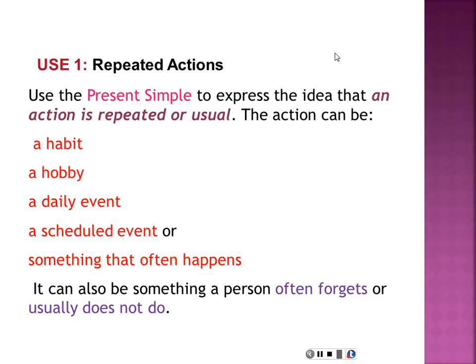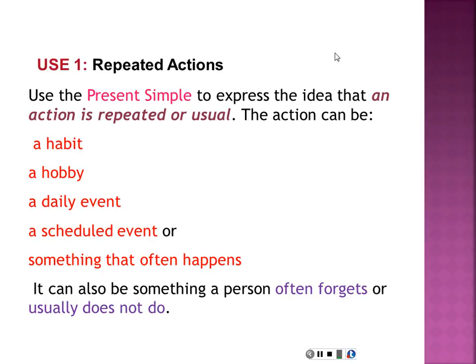The action can be، ممكن أن تكون هذا الفعل ممكن يكون a habit, a hobby, a daily event, a scheduled event, something that often happens.